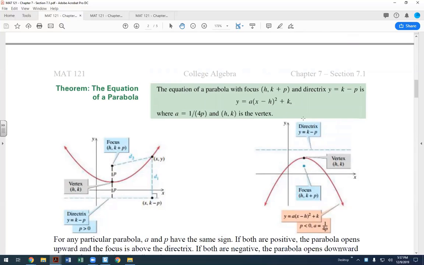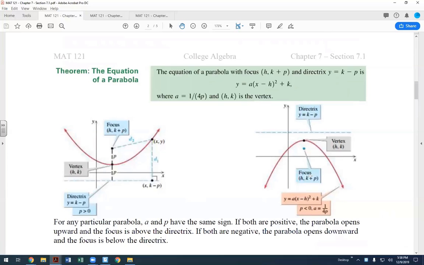Now, when our equation is given to us in this transformation form, remember our vertex is always at the values of h and k from there, right? Now, you should be able to see whether a parabola opens up or down. Our vertex and focus are always going to be vertically in line with each other, right? Which means our focus and our vertex have the same x-coordinate.